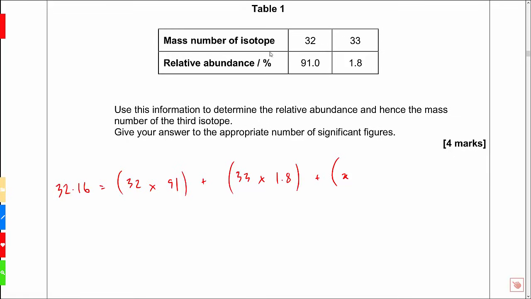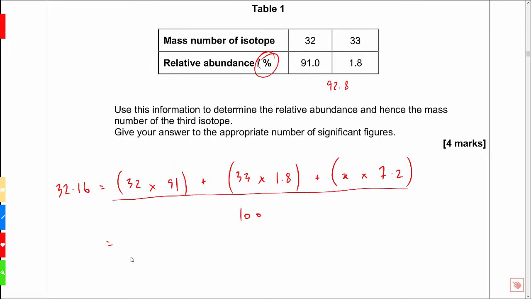Now, because this is a percentage, this one's really useful. We know this must total 100. So if this is 92.8, when we add these together, we know the other one must be 7.2. Nice, easy one to divide by.